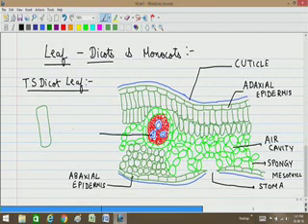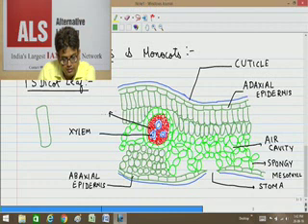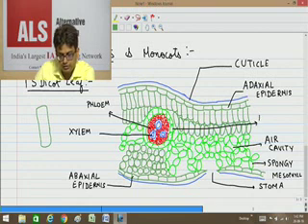Okay, and this of course is the xylem. This is the xylem, and this is the phloem. Okay, this is the phloem, and what remains now? Yeah, now it is the bundle sheath. Bundle sheath.